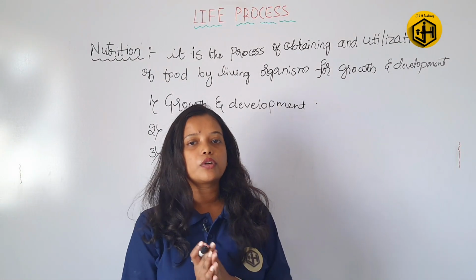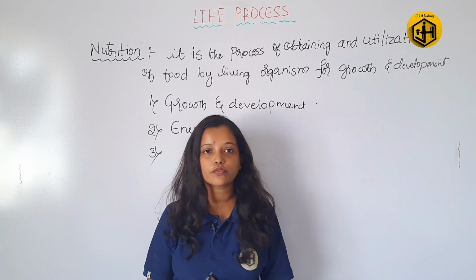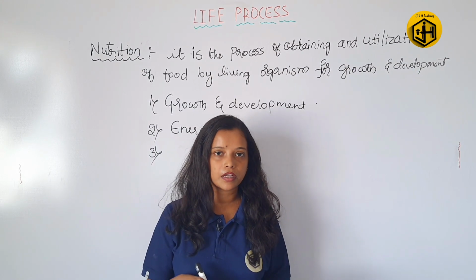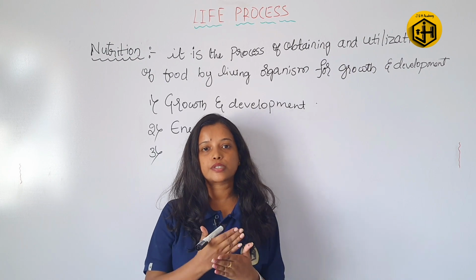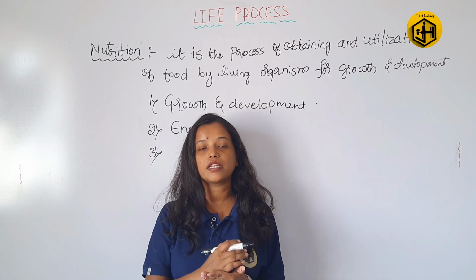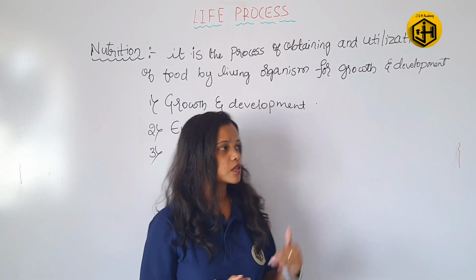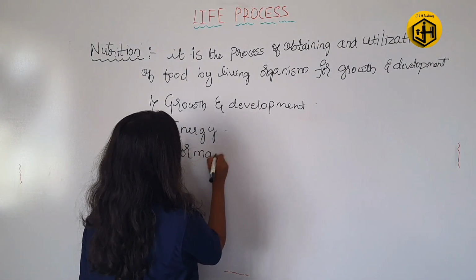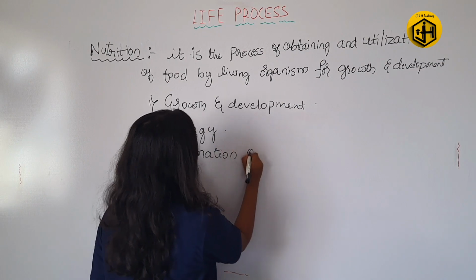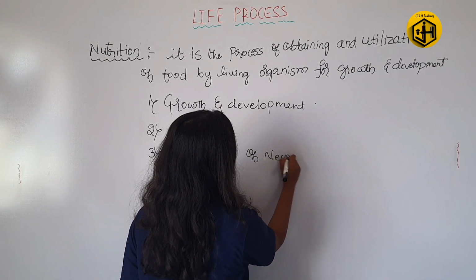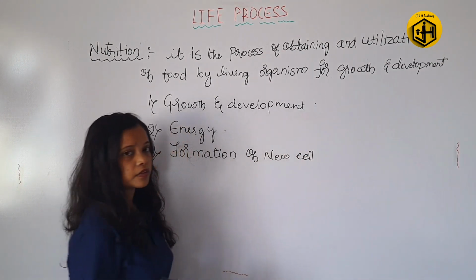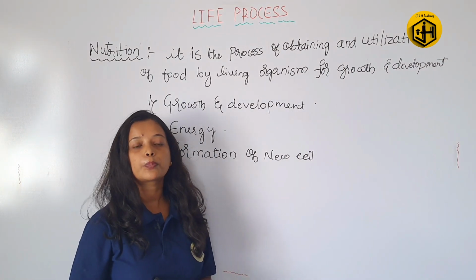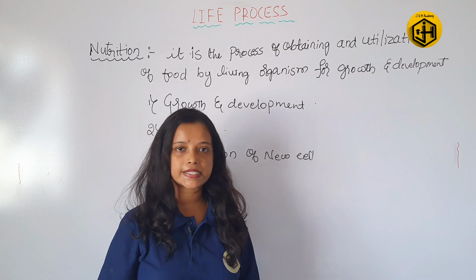We need nutrition for the formation of new cells or to replace the old cells, right? So the third point is formation of new cells. And also nutrition is very important to protect our body from disease, right?